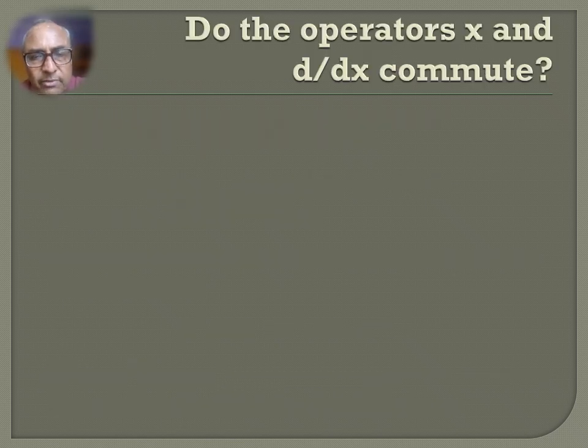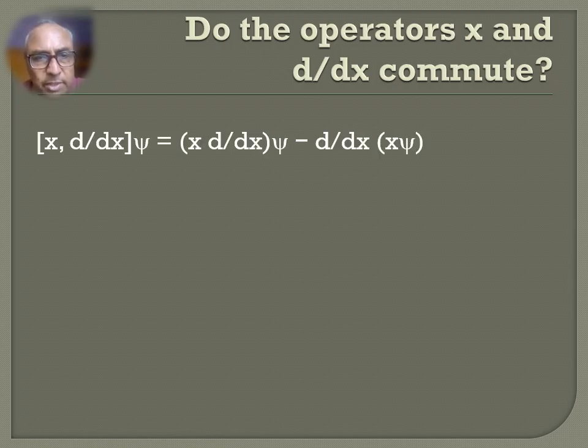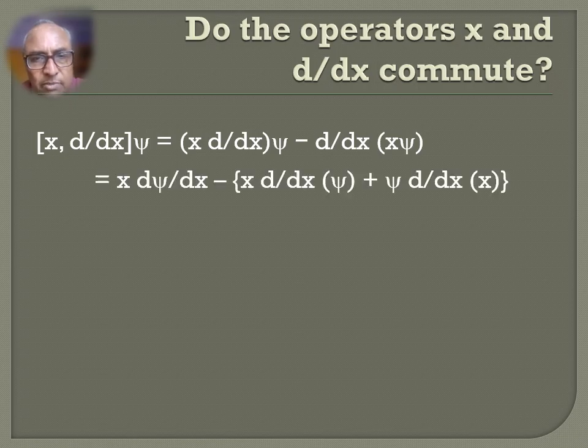Do the operators x and d by dx commute? To evaluate this, we operate with the commutator upon a function psi. Thus, the commutator of x and d by dx operating on psi is equal to x times d by dx operating on psi minus d by dx operating on x psi, which is equal to x d psi by dx minus x d by dx operating on psi plus psi d by dx operating on x, where we have differentiated by parts in the second term.